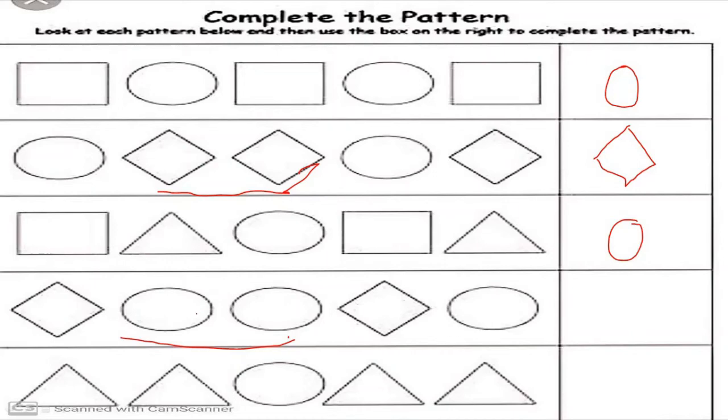As you have observed the pattern, here are two circles. So if we want to complete this pattern, we have to draw the circle in the given box. Now look, these are two triangles. After that there comes a circle, again two triangles. So what will come next? There will definitely come a circle.